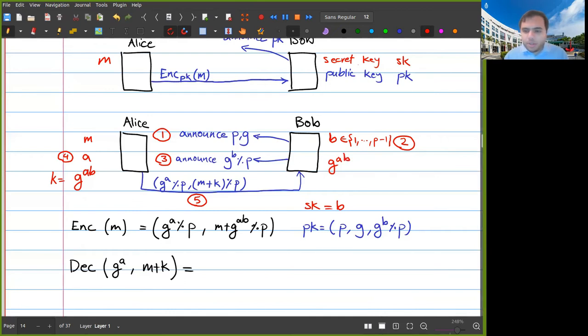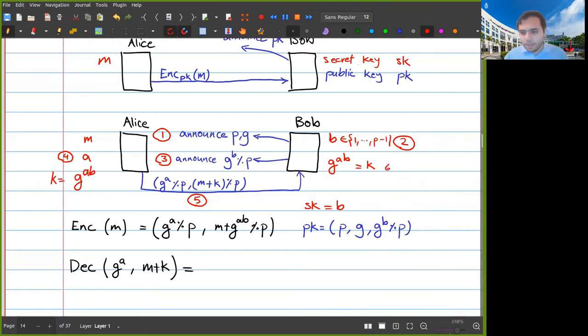But remember, G to the power of AB was the shared key that we used in our one-time pad. So G to the power of AB would just be K. And now, given that Bob has this K, and he also has M plus K modulo P, he can just take the M plus K and subtract K from it, and then he will have the message.